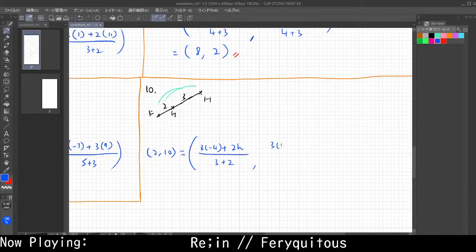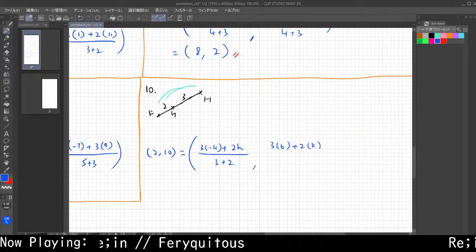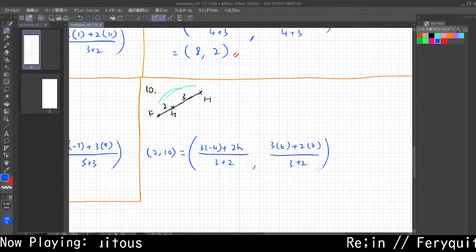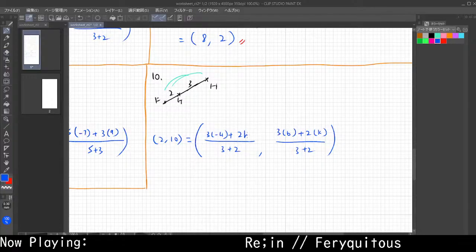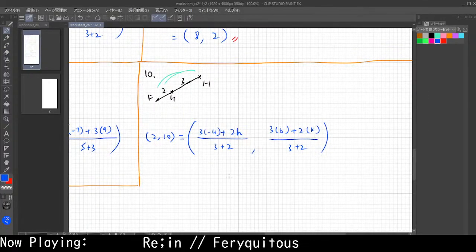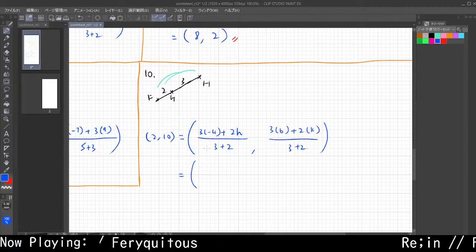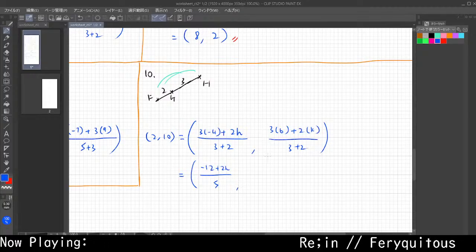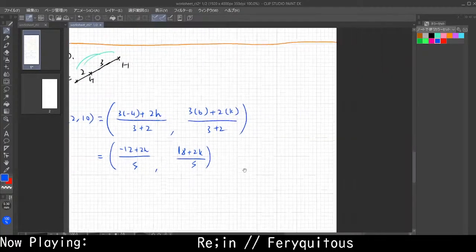Same thing goes to your other portion. Negative 12 plus 2h over 5, 18 plus 2k over 5.